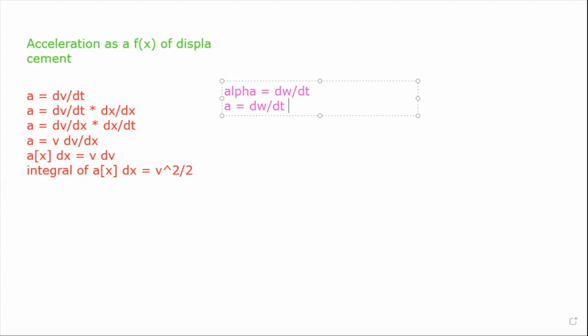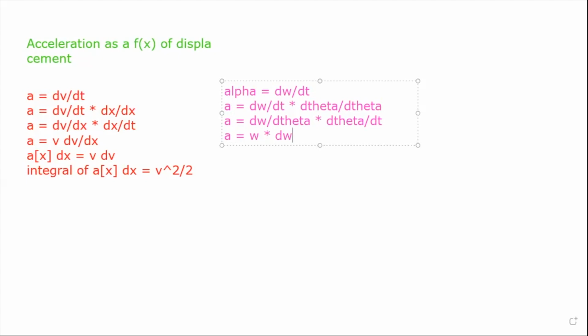We can multiply it by the change in theta over the change in theta, and if we swap them, we have the change in theta over the change in time, which is basically how we define our omega.